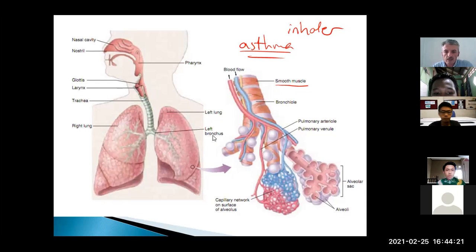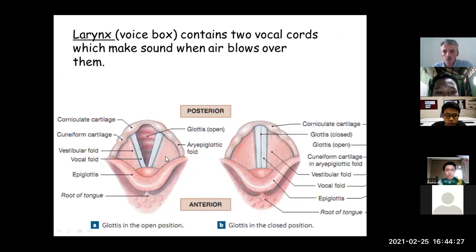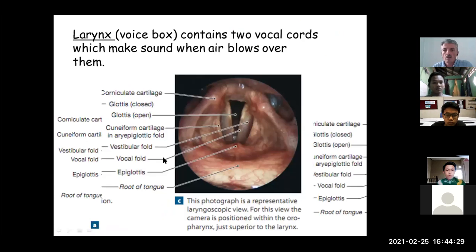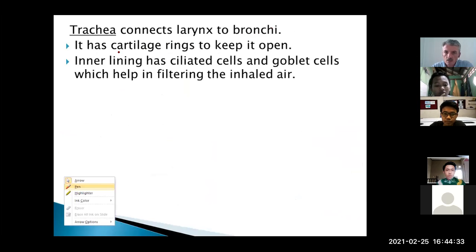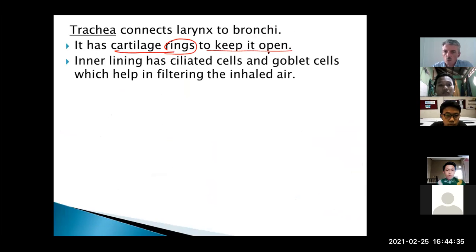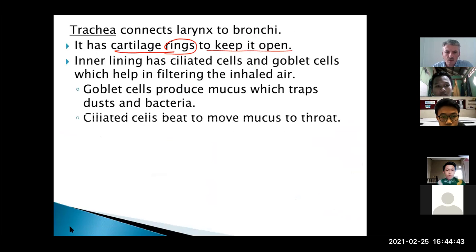Okay, nose is filtering, cleaning, killing some microbes. Not necessary, not necessary. Larynx is producing sound. This one. Trachea has, okay, three things. Rings, cartilage rings to keep it open all the time. Ciliated cells to push, wait, here.